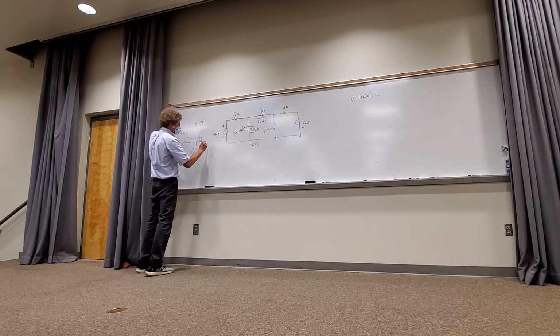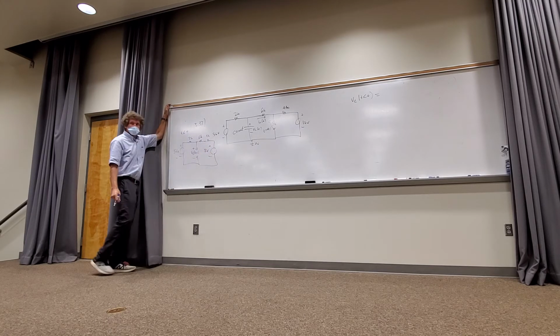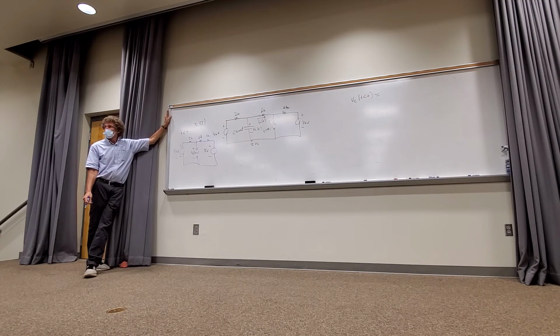And then you have 4K. And then you have 12 volts. Y'all agree with that, class? I just redrew it, eliminating the capacitor, and since the switch was open, I didn't even bother drawing it. Do y'all see this, class? In the back there, can you guys see it?